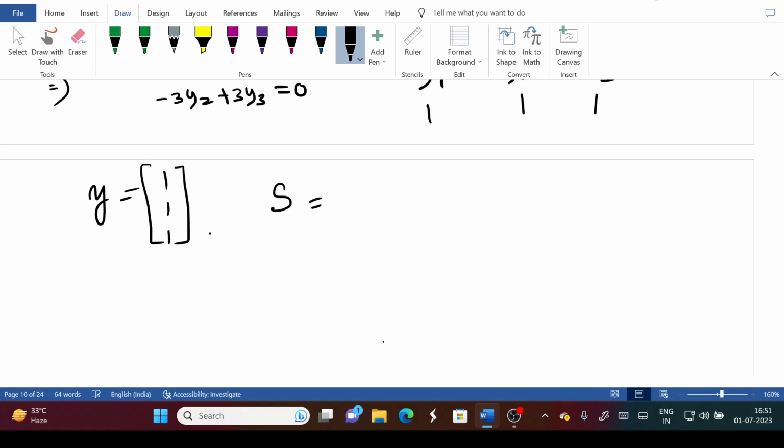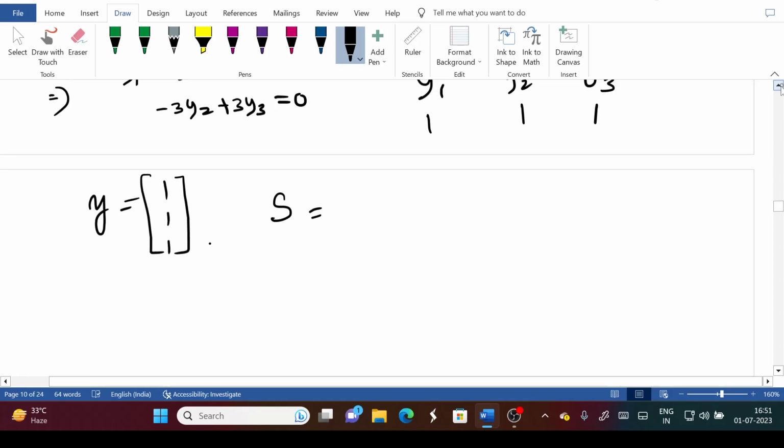Therefore S is equal to, I will keep my y at last and write the two combinations. First the eigenvectors corresponding to lambda equal to 0, which I will write there.